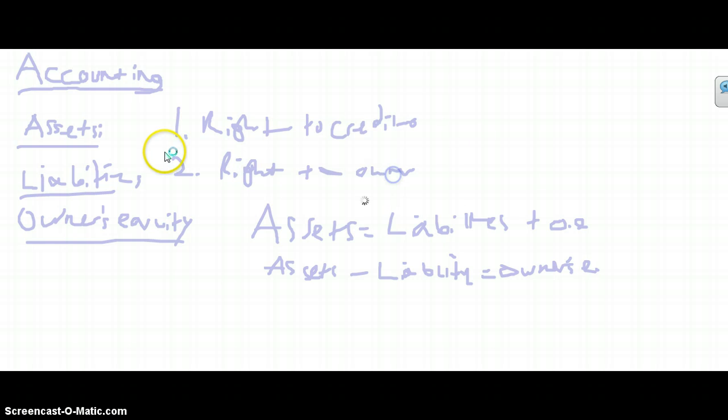So I will clear the screen for our example. Okay, here we go. If assets are $100,000, that's a lot of money, and liabilities are 30,000, that's a little high of a debt, what is the owner's equity?